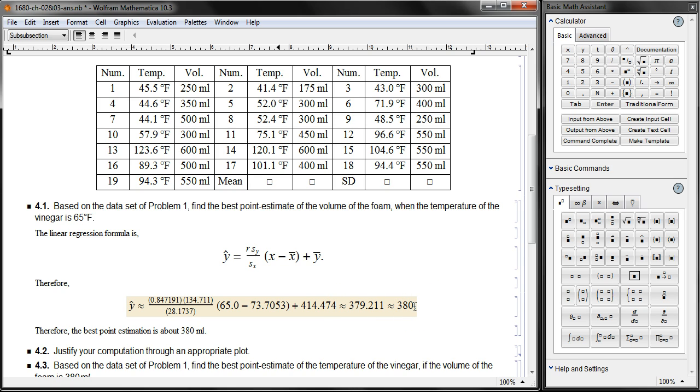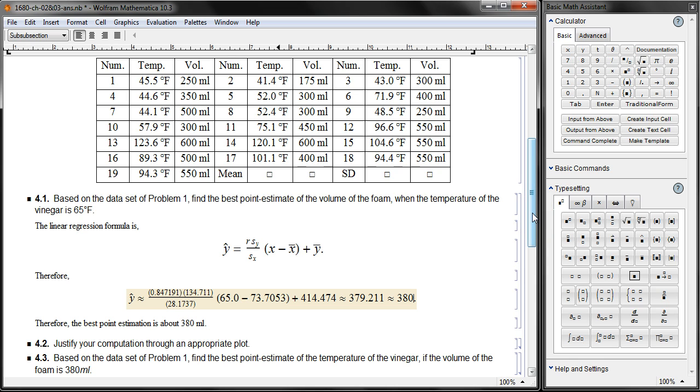But I prefer 380 because almost all the volumes here are in tens, with zero in the last digit. So it's better if you round to the tens digit, especially considering this is 379, an easy call.